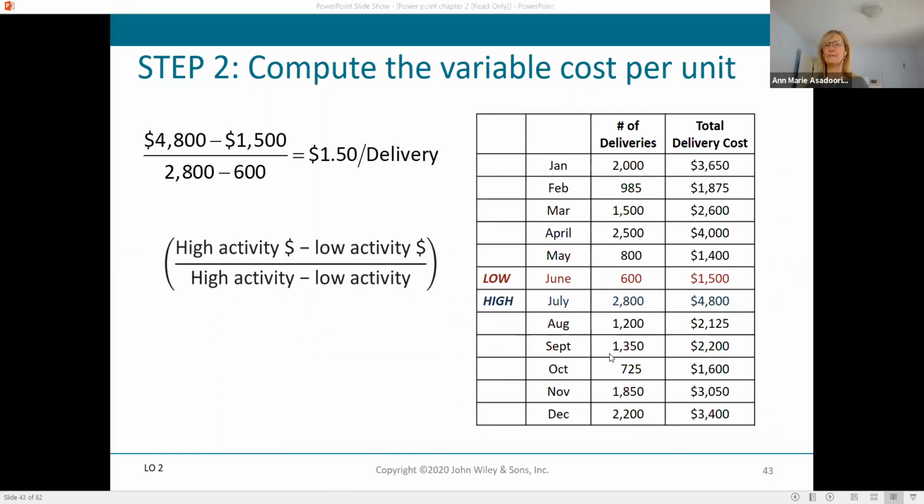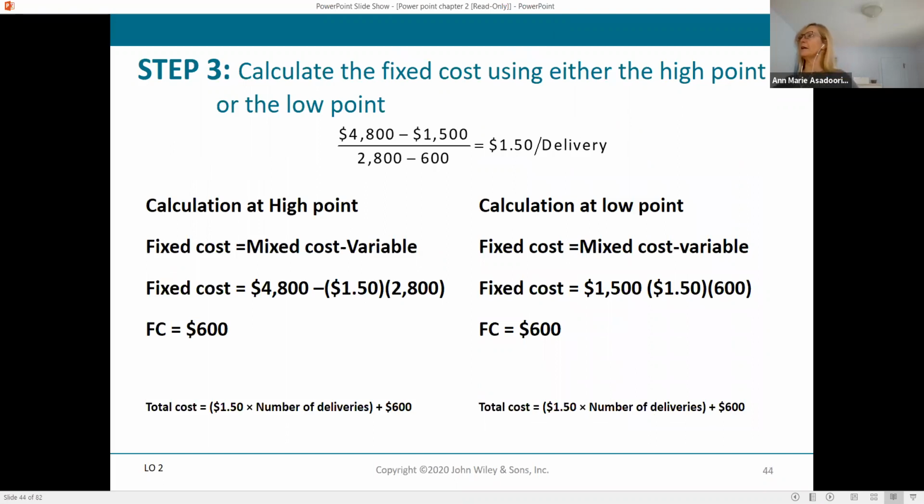I want my fixed cost, exactly. So if you were to plot this line, if you had a graphing calculator, you would see that this line is going to hit that vertical axis at $600. But instead of plotting this line and graphing it, what you can do is just calculate the fixed cost.